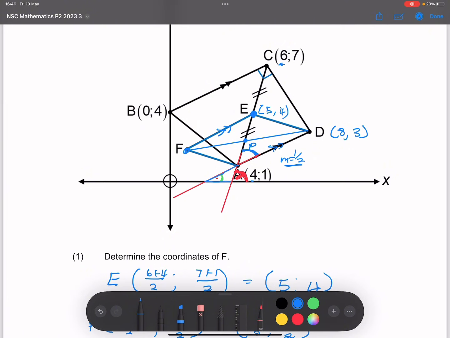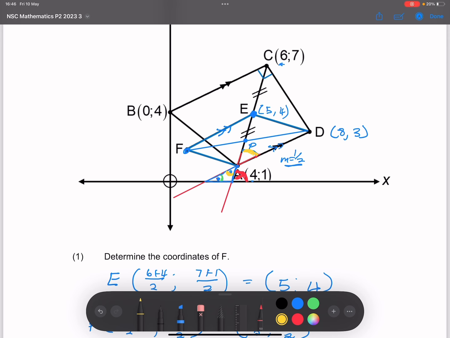And we know that the exterior angle of a triangle is equal to the sum of the opposite interior angles. Now, if I can get this angle, which I'm going to indicate in yellow, they make vertically opposite angles with that angle EAD. Okay, I hope that makes sense.